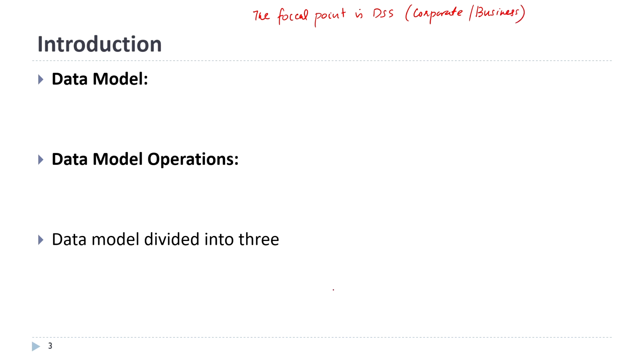So, the first one is a concept called data model. A lot of people in the DSS business will say that they are working on the data model. So, what is a data model?